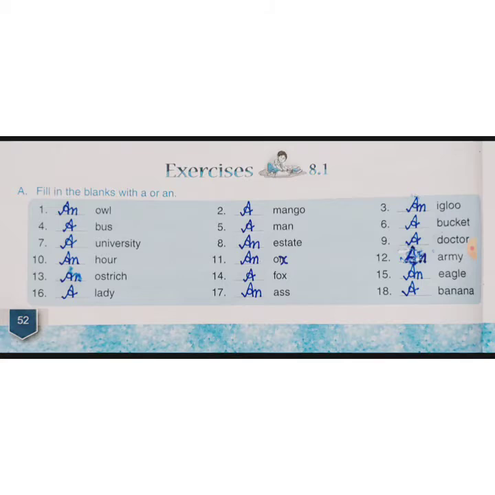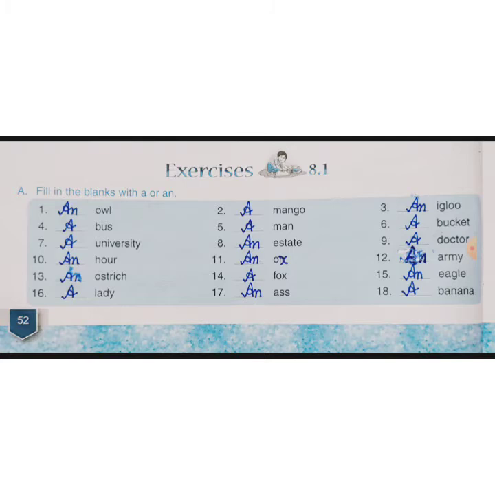A doctor, consonant again. Again in the 10th one you can see dash R. Although it is starting with a consonant, the sound of a vowel is coming, R O, na? So we will write an. Dash ox. It is a misprint in the book, it is given as on, so you just write ox.